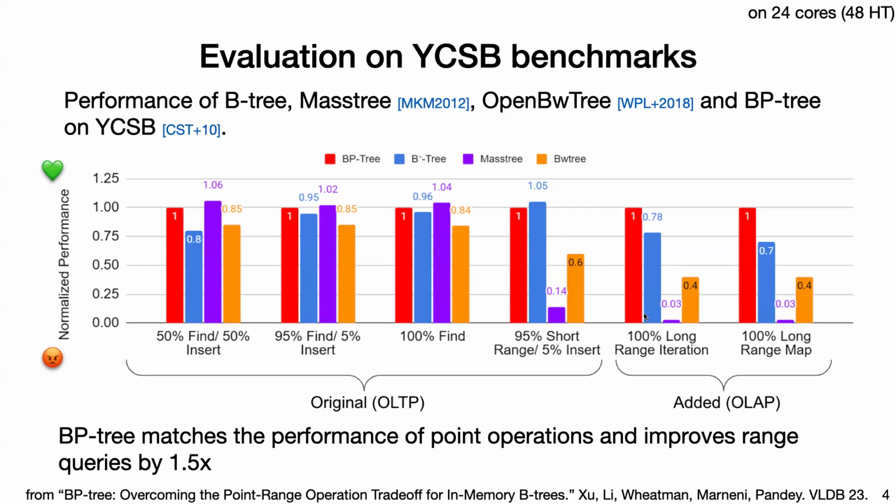And we introduced some other ones to illustrate the use case that we're trying to go for, which is longer range iteration or longer range query. So this is 100% longer range iteration and 100% longer range map. The difference between iteration and map is the sortedness of the query. Iteration means, like traditionally in the YCSB API, you ask for some number of elements starting at some start key.